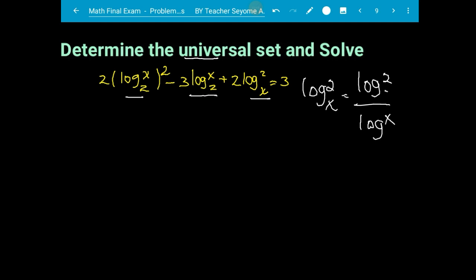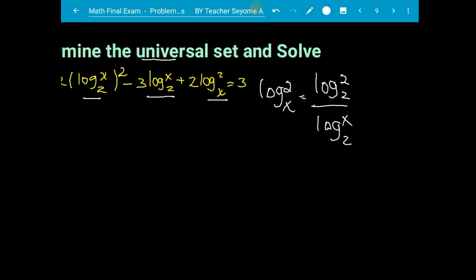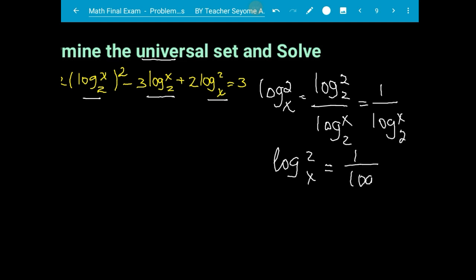If you insert base 2, the numerator becomes log 2 the base 2, which is 1, over log x the base 2. So log 2 the base x is equivalent to 1 over log x the base 2.